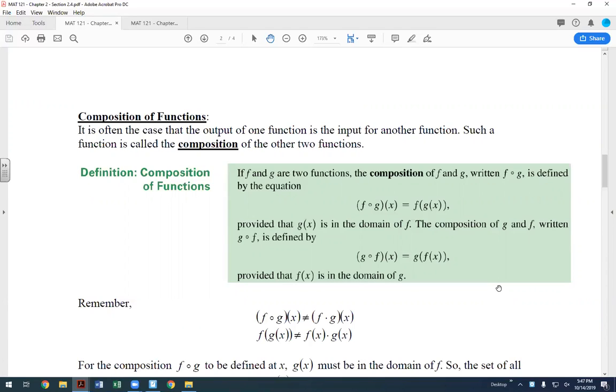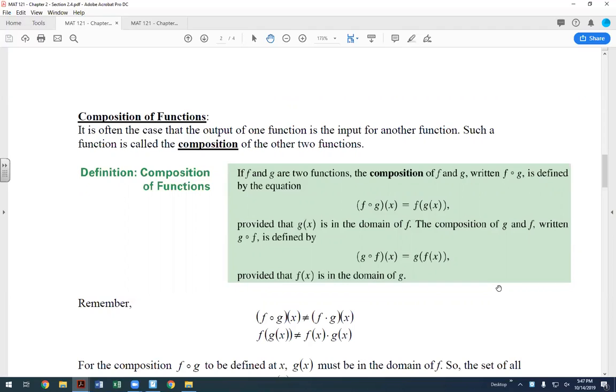So the way this notation works is the function that I write first goes on the outside. The function that I write second goes on the inside. So the output of one function means we first evaluate the inside function, that's the g function. The answer I get from it is what I'm going to use to evaluate the outside function, the f function.